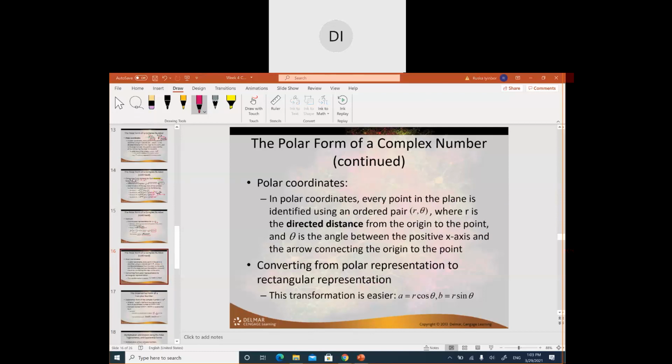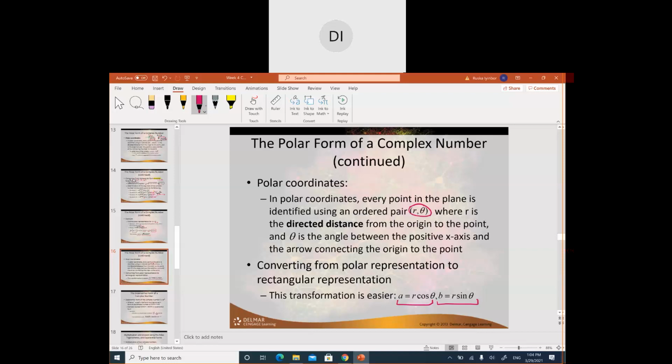Okay, so the next one is going from polar to rectangular. So going backwards, the other way. If I want to change polar to rectangular, these are the formulas you're going to use. So if I have polar now, r and theta are given, and I have to find a and b. You're just going to plug them in and use the calculator.